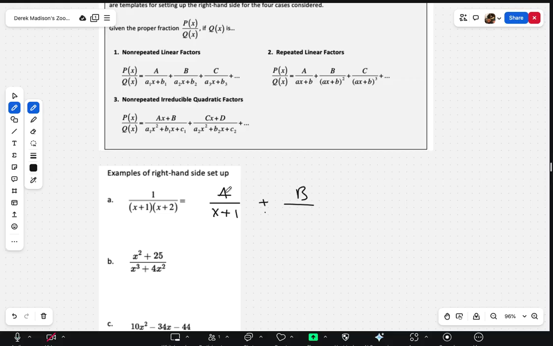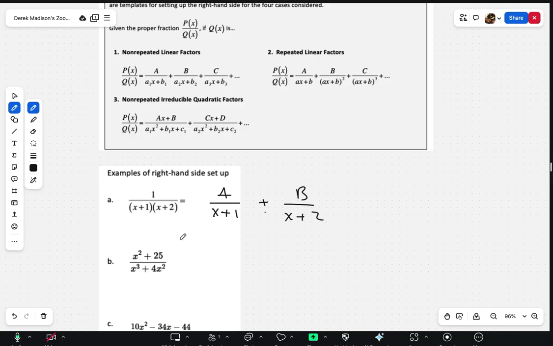You could label that one a and that one b. You would get the same answers once you plugged in your constants. If there was a 3 over x plus 1, it wouldn't matter if you had labeled it a or b. You would still be over the x plus 1 term. And that's it for non-repeating linear terms.